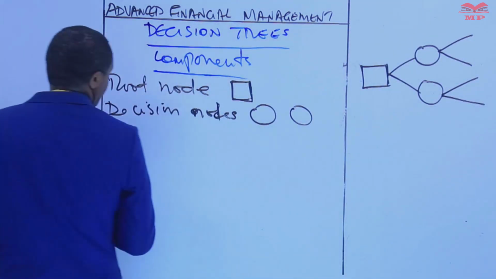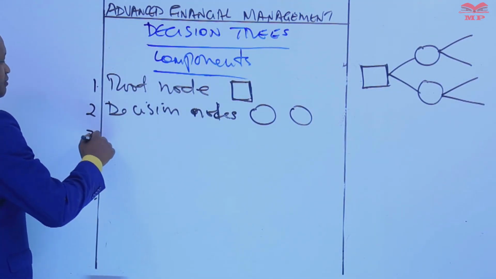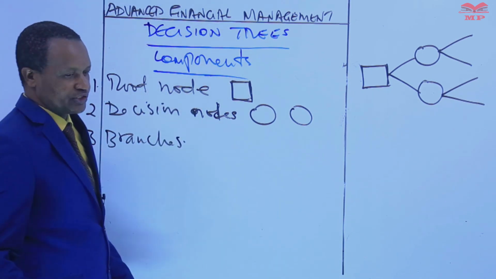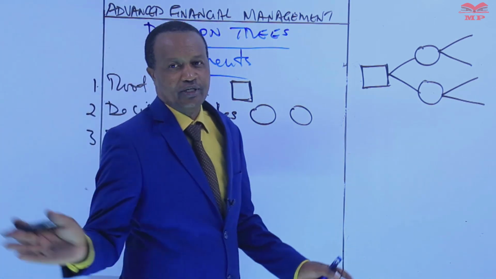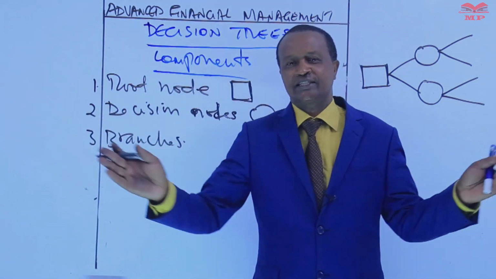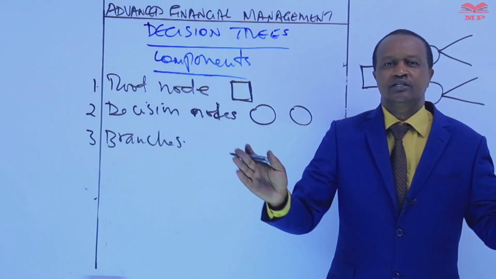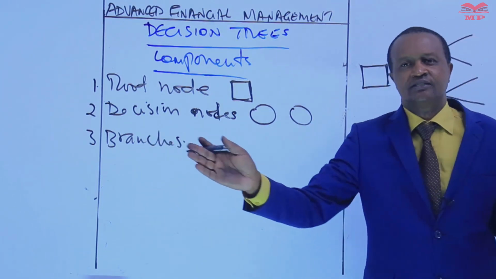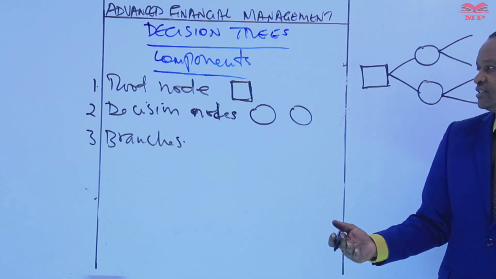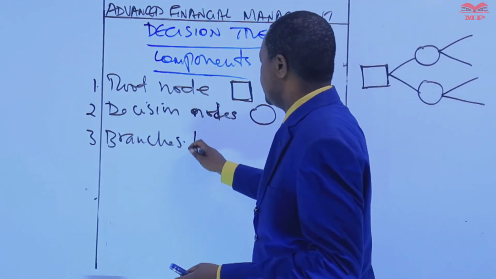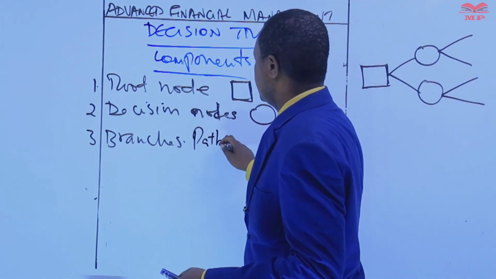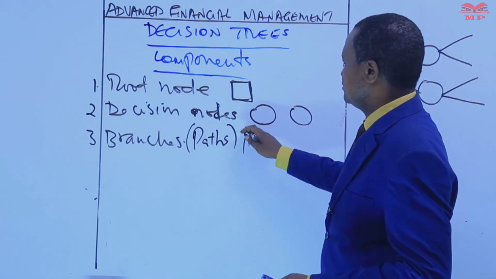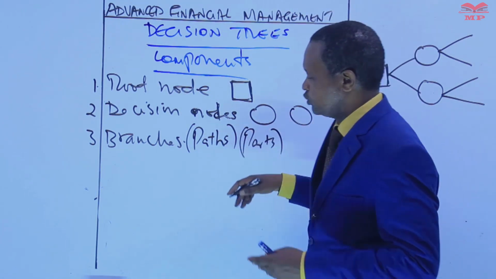So we have the third component, branches. A branch is a path.